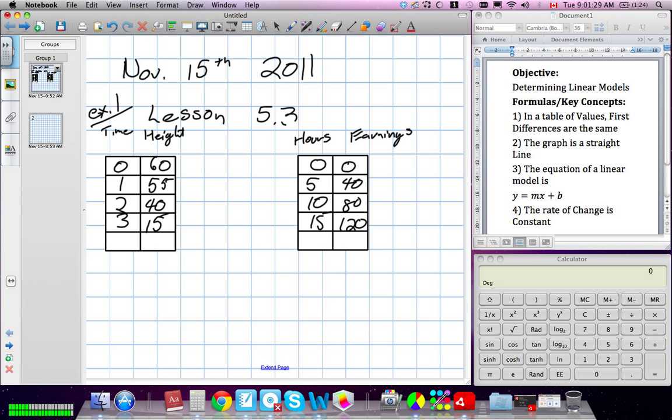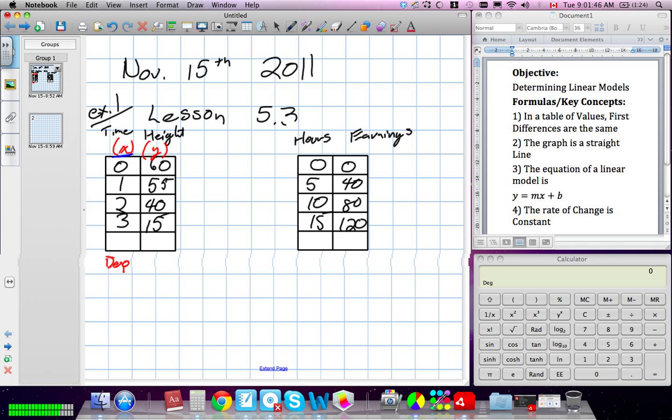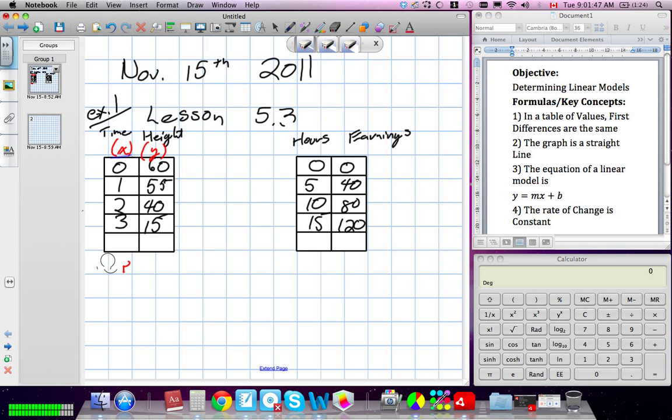We're going to call time our x and height our y. Oh, sorry, other way around. X is our independent variable, and height is our dependent.